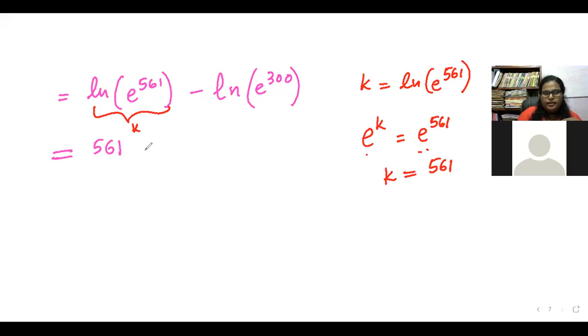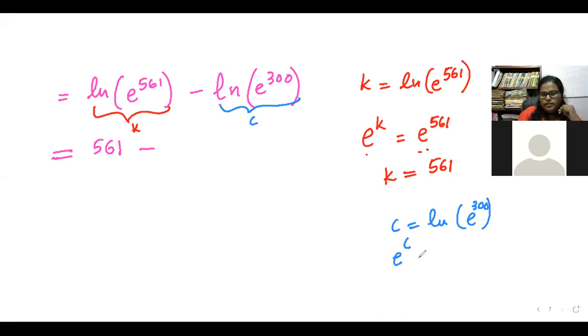And this one, we can also take as some variable, like c. So c equals ln e to the power 300. Right? You know that ln is the log function of base e.